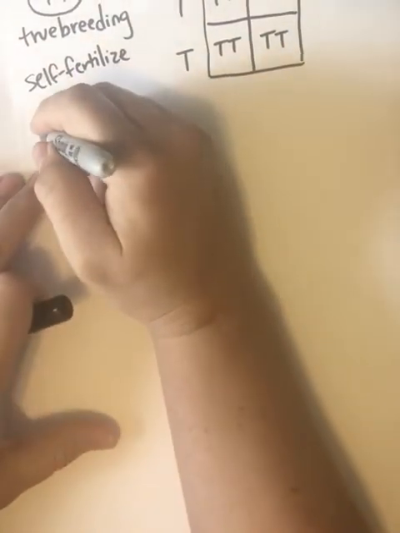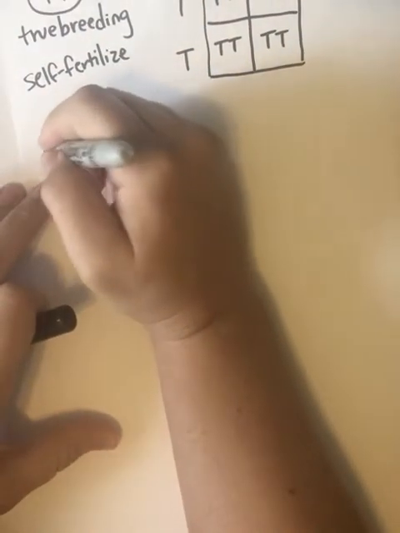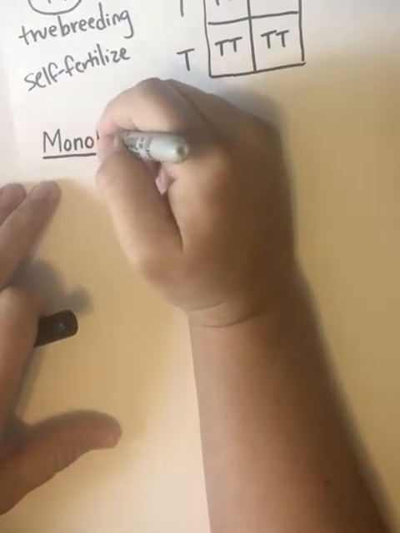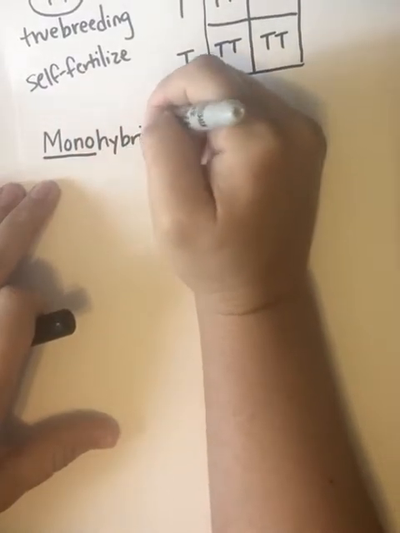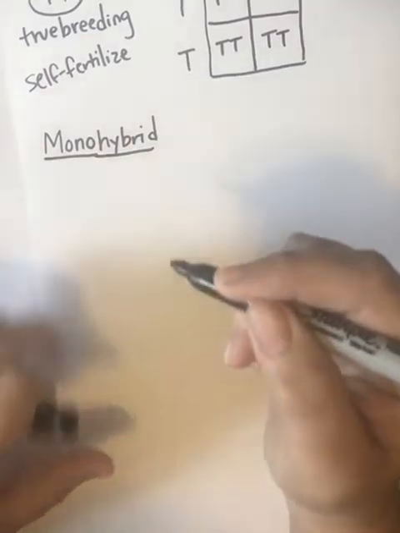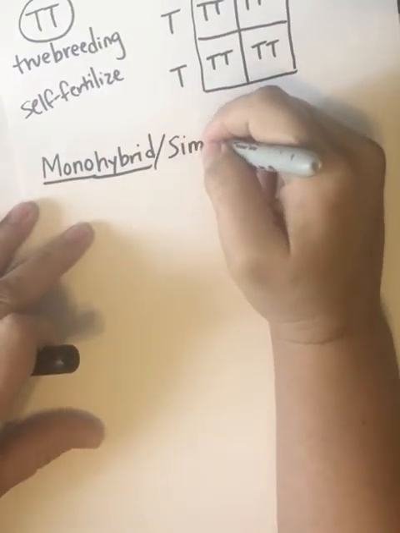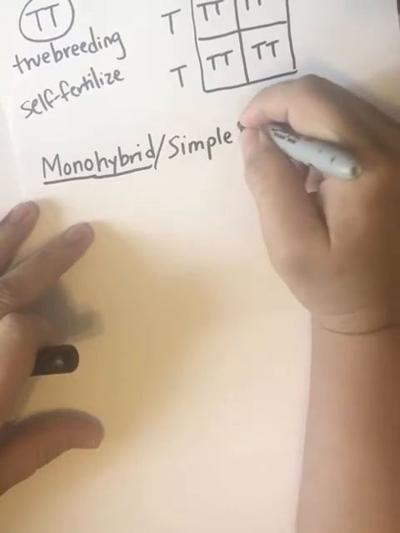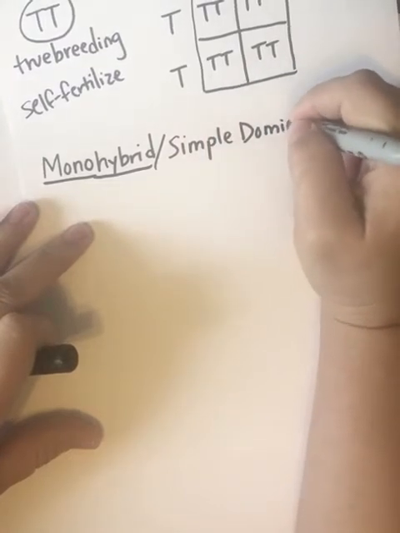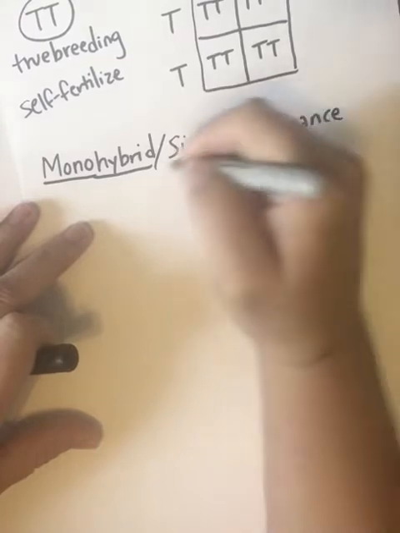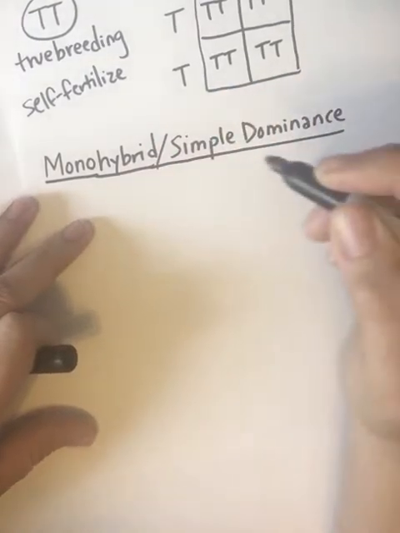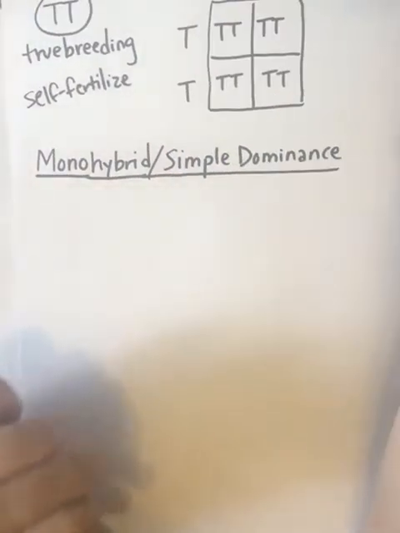All right, when you use the word mono, it means one trait. So we're looking at tall versus short. We're also going to call this a simple dominance. There's different types of dominance. Simple dominance means that you're going to have genes that are basically dominant over the others.